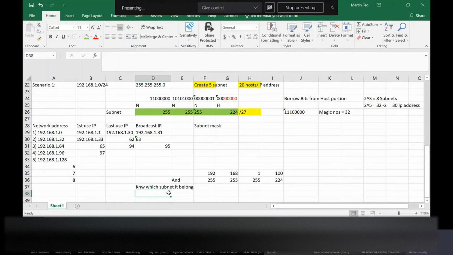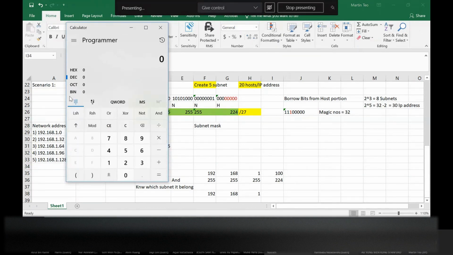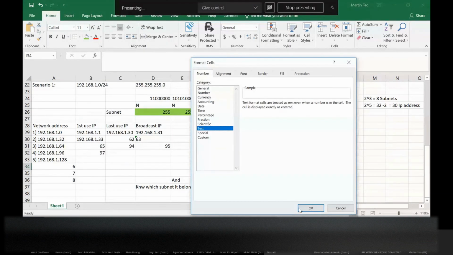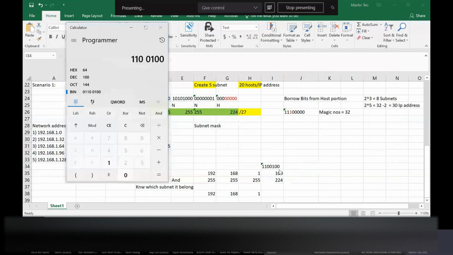So let's try it out. This will give you 192, this will give you 168, this will give you 1, and 100. In binary, 1, 2, 3, 4, 5, 6, 7, missing 1.